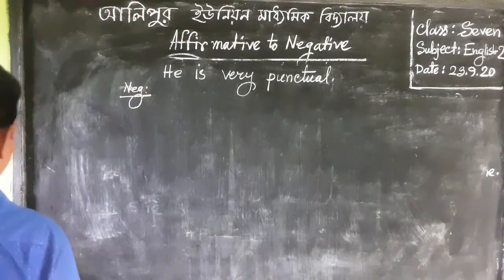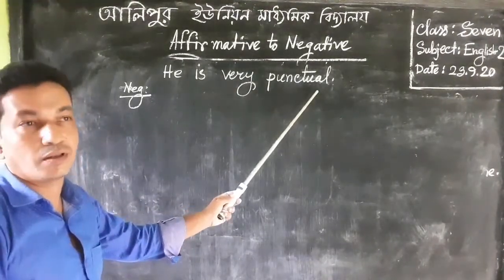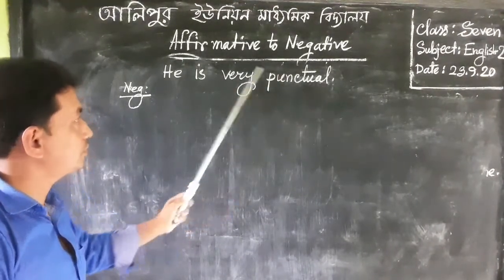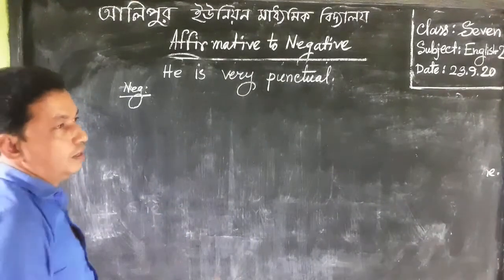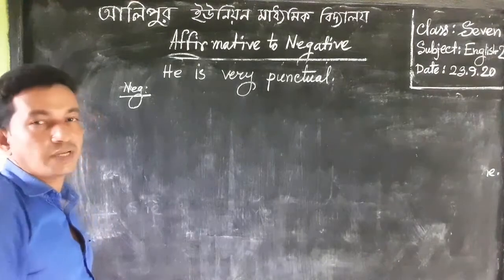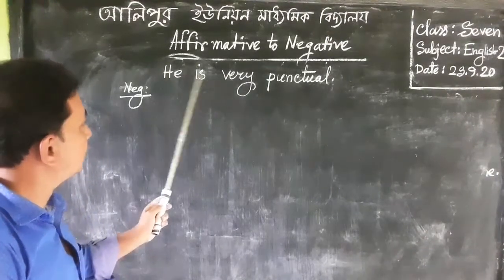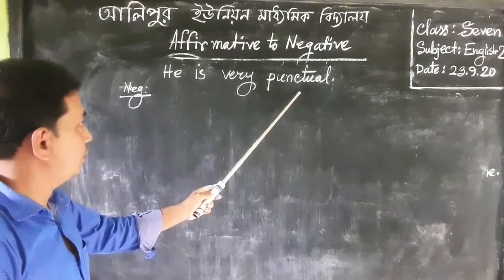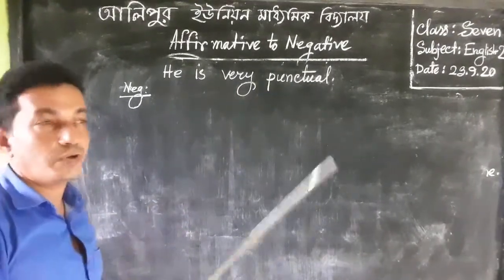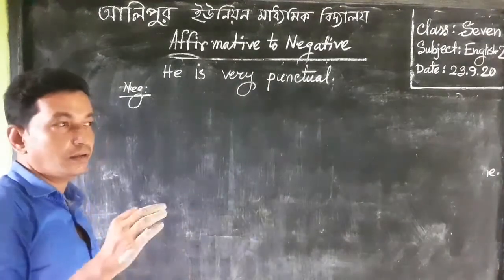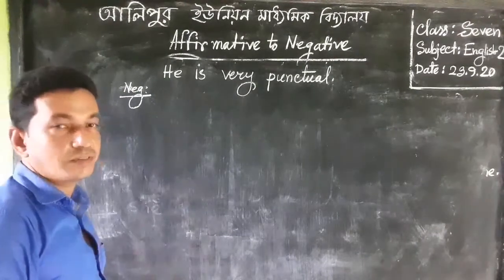Dear learners, here is the sentence: he is very punctual. That means he is regular in his activities. If the sentence is written this way, then we have to change the main words or parts of speech in the sentence.